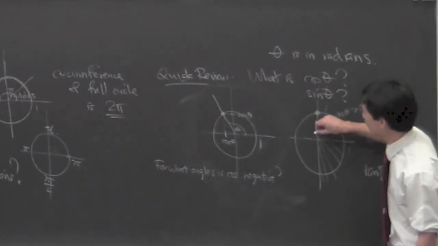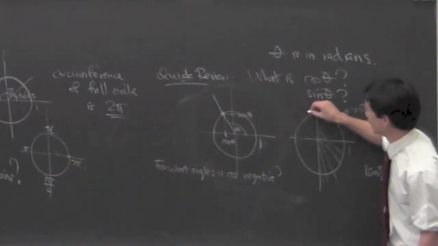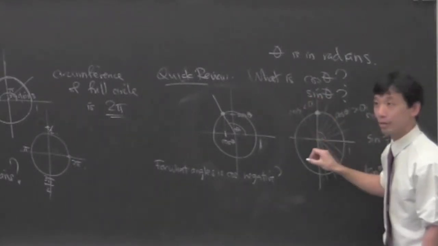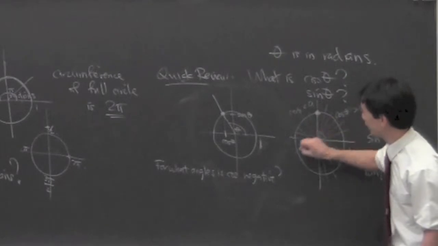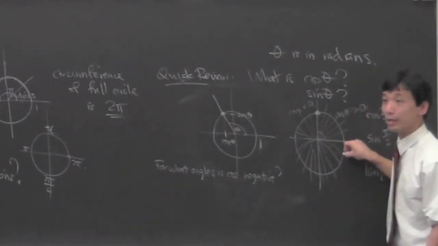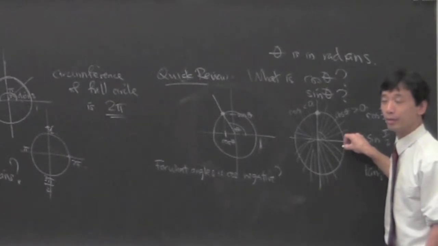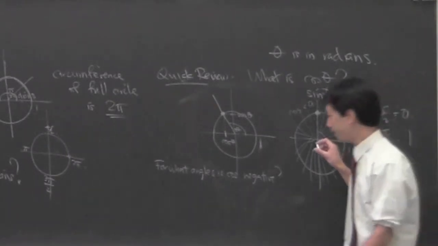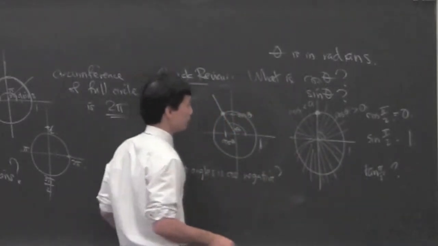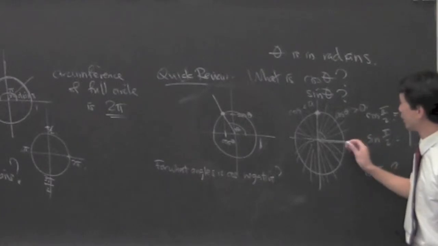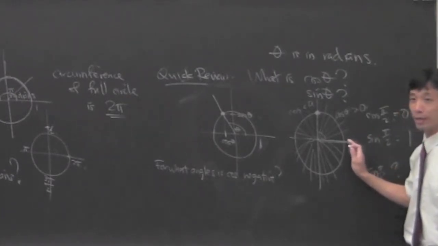Once you pass pi over 2, cosine becomes negative, and it stays negative until you pass 3 pi over 2, and then it becomes positive again. Do you guys see that? And at 2 pi, the cosine is 1.